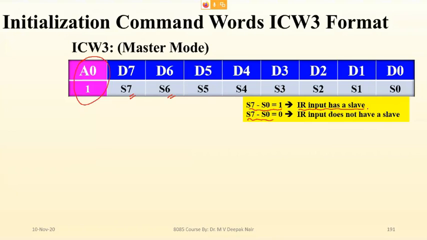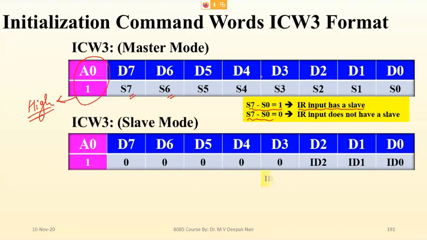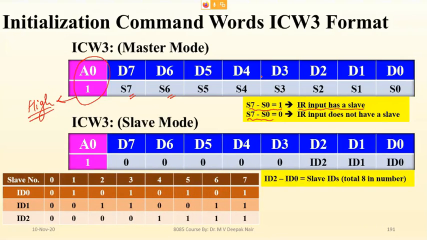So in master mode, ICW3 goes to the higher port, and the bits D0 to D7 directly tell you in which line the interrupt is connected to a slave. If it is 1, there is a slave. If it is 0, there is no slave connected.